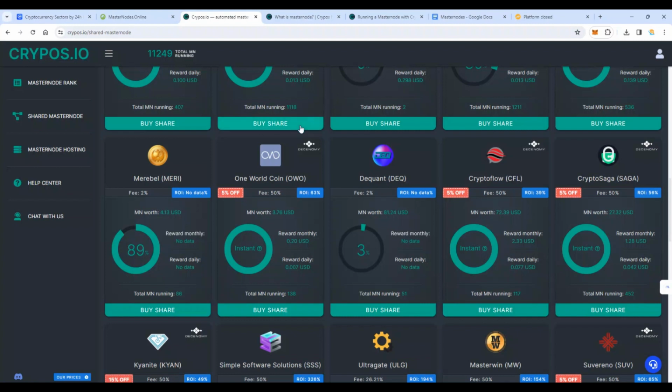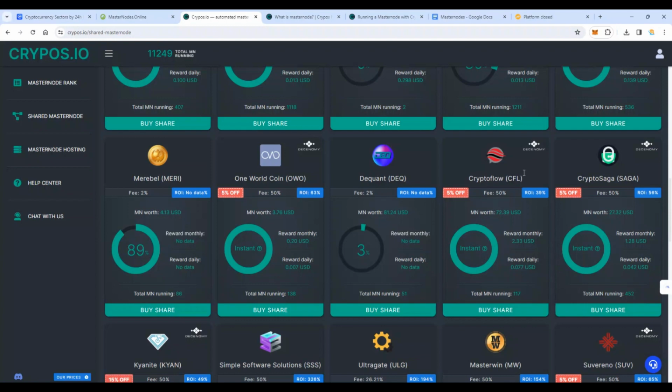And the problem with those projects, especially the ones that bring about the shared masternode, is that I've noticed most of them don't have so much trading volume. If you go to CoinMarketCap and check them, they don't have so much volume or liquidity, such that you might make a good amount.